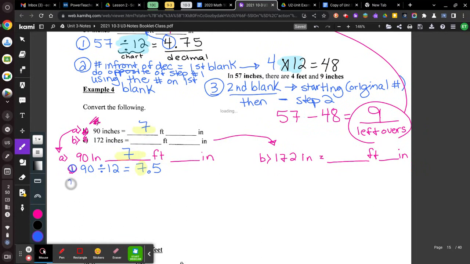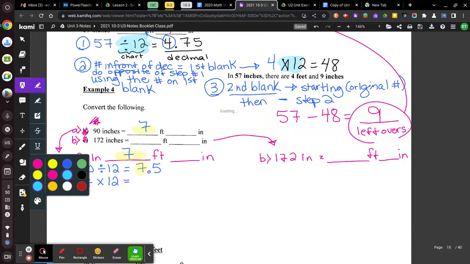Okay, step 2 says take that 7 and now do the opposite of what you did above. So I'm going to times by 12 now. And how come? Because you're doing the opposite step of what was right directly above. So if you were dividing first, now you're timesing.